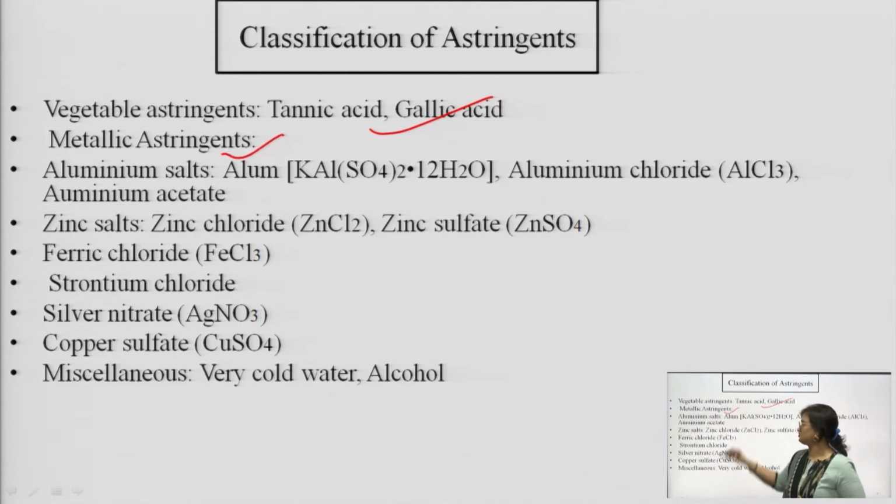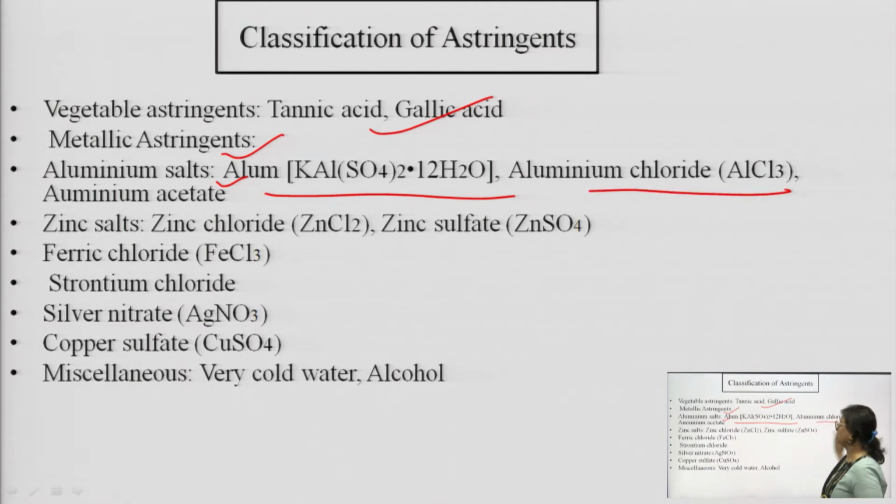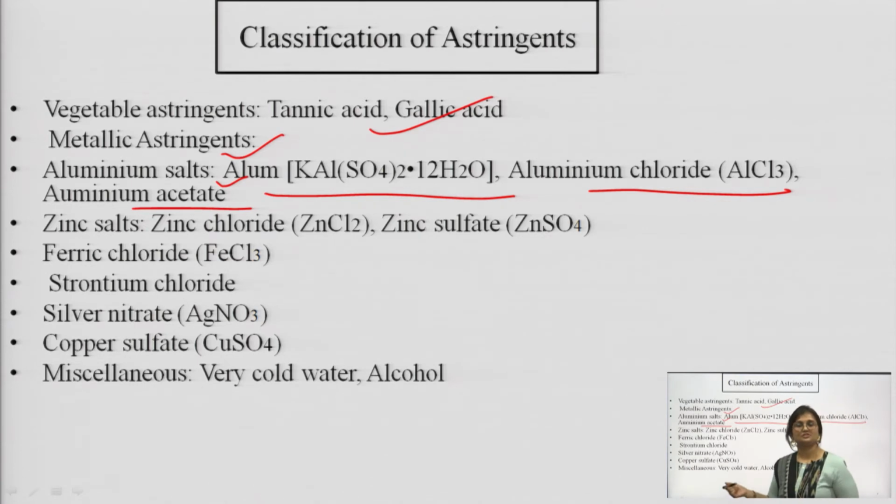Metallic astringents like aluminium salts, which is also known as alum, aluminium chloride, aluminium acetate. So, astringents are divided into two major categories. Number one, vegetable astringents. Number two, metallic astringents. Vegetable astringents are obtained from plant sources, and metallic astringents, as usual, are obtained from inorganic sources, namely aluminium salt.